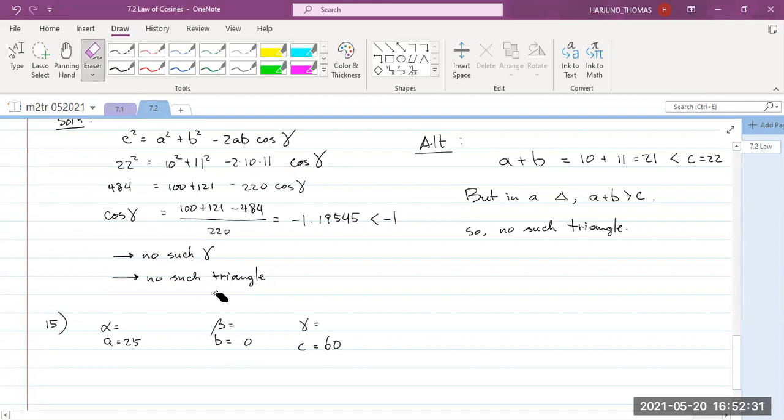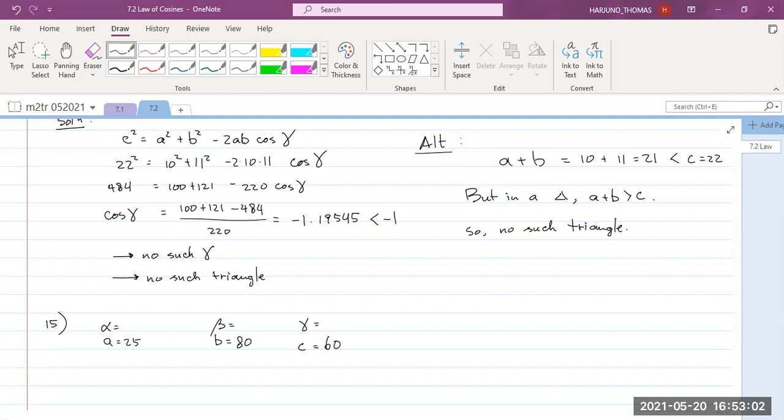Okay, in this situation, you are free to choose which angle you want to do first. Because we are free to choose, choose the middle one.